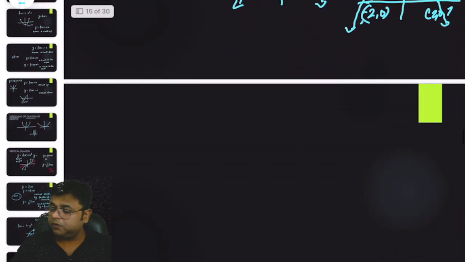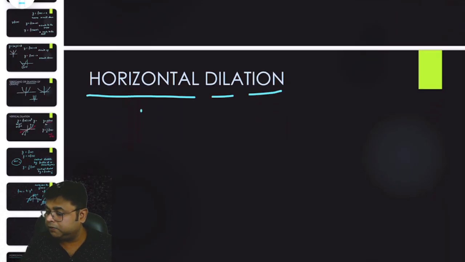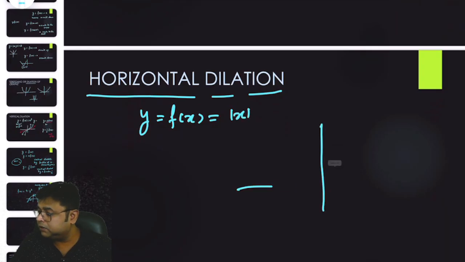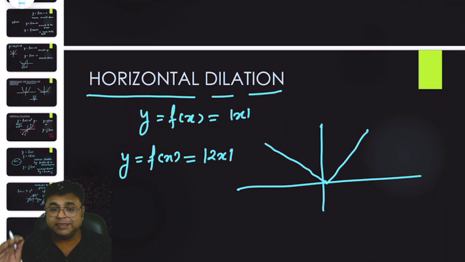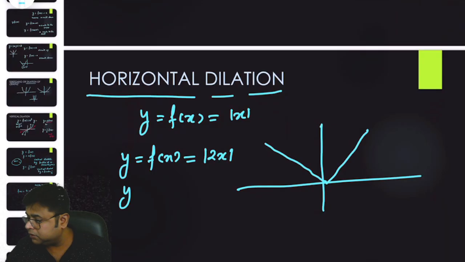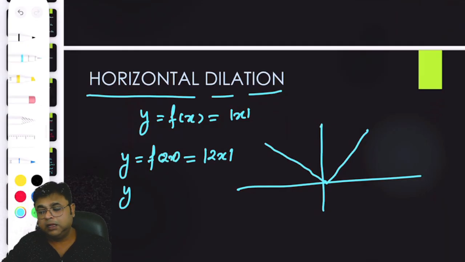Now, suppose we talk about horizontal dilation. Suppose we have a graph of y = f(x) = |x|. I know this is the graph. If I take a graph of y = f(2x) = |2x|, now the factor is inside the function.